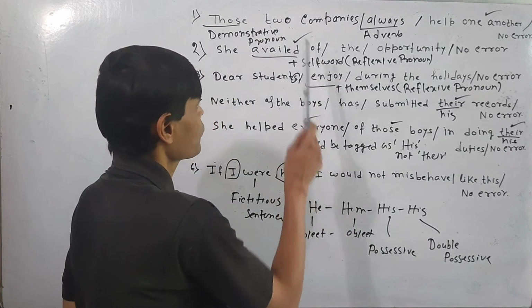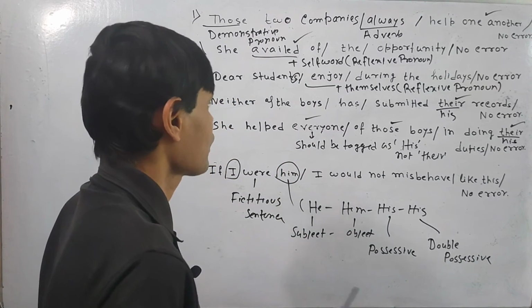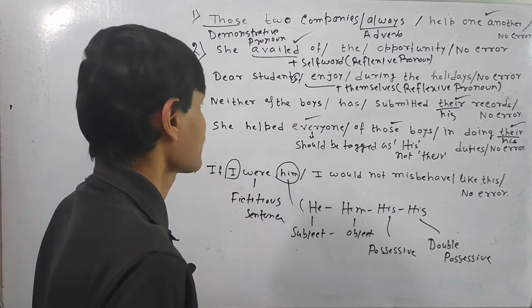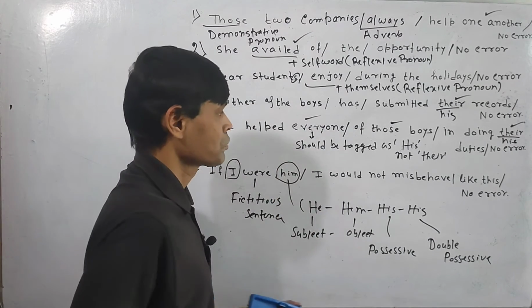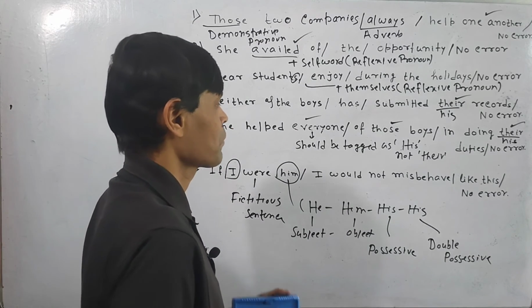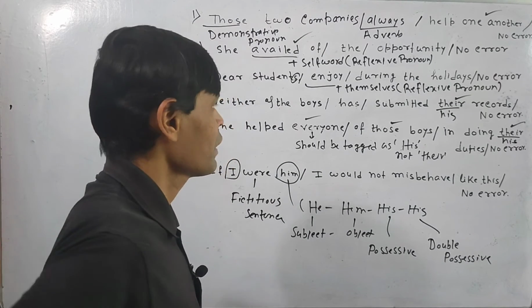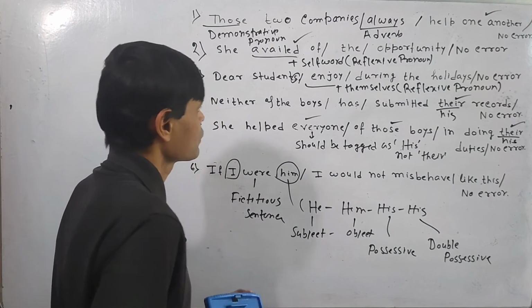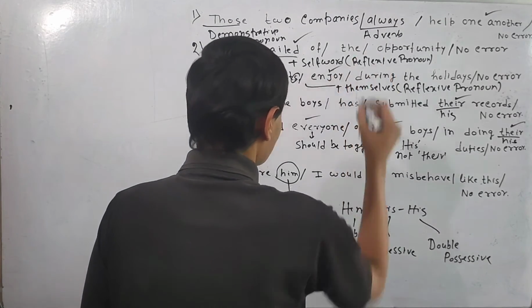So here she can be tagged as herself. On the other hand, students can be tagged as themselves. So here themselves can be the word as self word. So this is where the mistake lies.